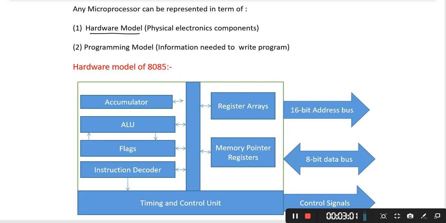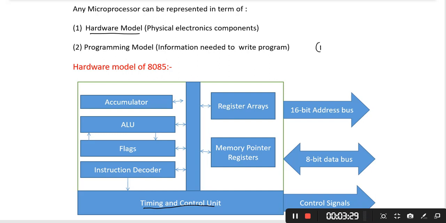It has a set of register arrays. We will talk later on about what registers are in the 8085. It has memory pointer registers, and we also have a timing and control unit. If we want to communicate with outer devices, then it is equipped with three types of buses.